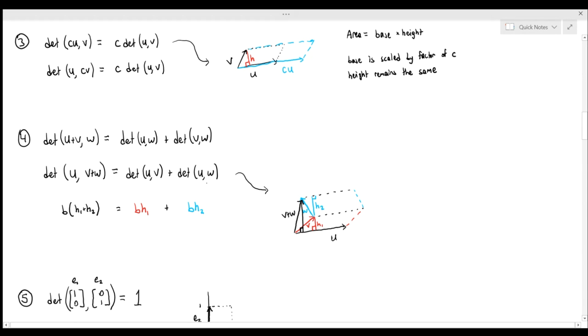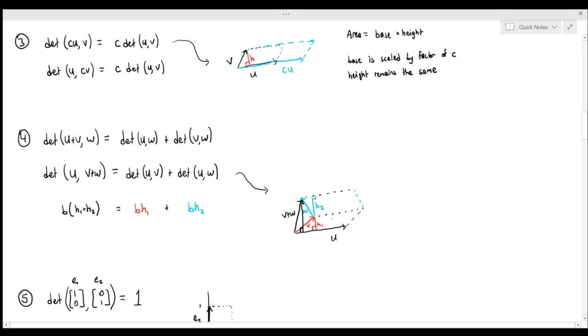Next, for this one, I drew the vector w over here. So this would be the parallelogram formed by vectors u and w, because this is going to be the same as u. Again, I've drawn the height of the parallelogram formed by u and w.